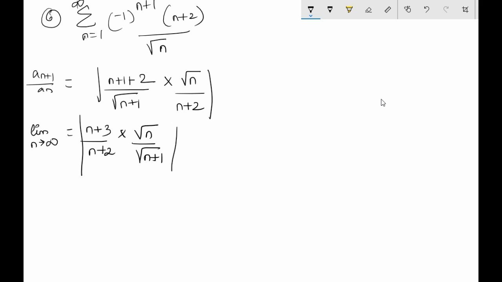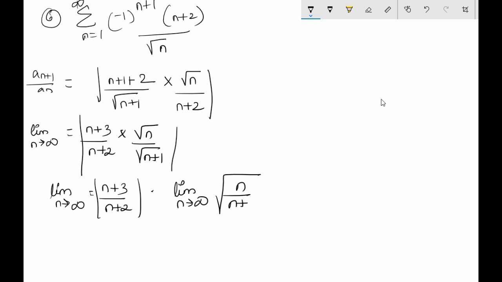So we'll be taking individual limits of both of these. We'll be getting the limit as n tends to infinity of (n+3) by (n+2), into the limit of under root of n by under root of (n+1).